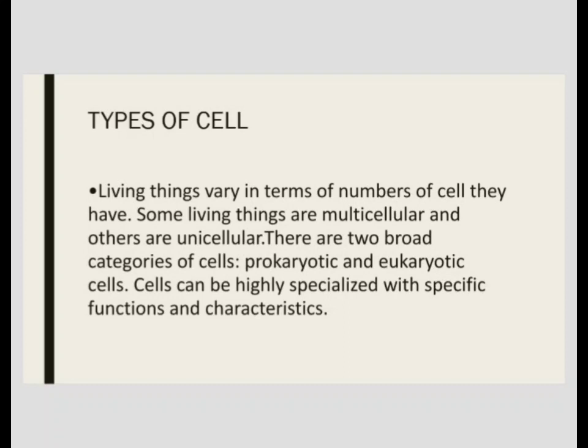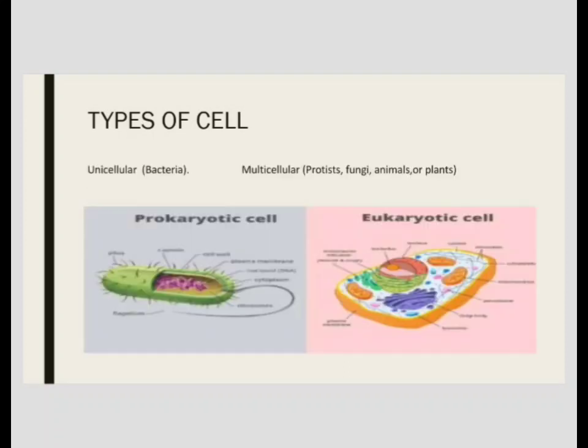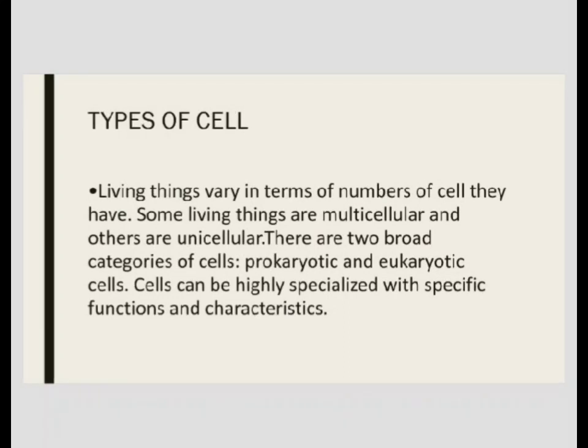So let's move on to the types of cells. Living things vary in terms of the number of cells they have. Some living things are multicellular and others are unicellular. So what do you mean by multicellular?